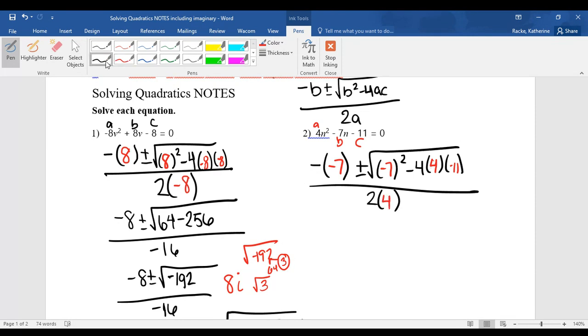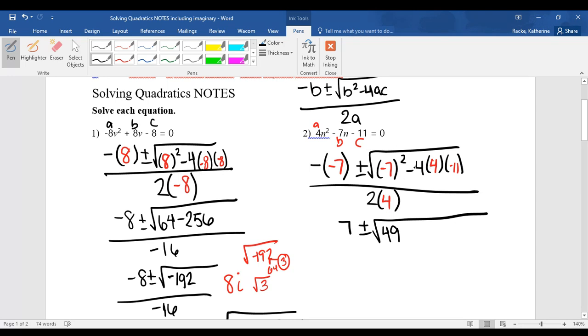My a that goes down here is also 4. Now we're going to simplify. So a negative and a negative is going to give me a +7 square root. -7 times -7, so -7 squared gives me a +49. Please make sure you're using the parentheses or it will make it a negative number if you're not using parentheses in your calculator.